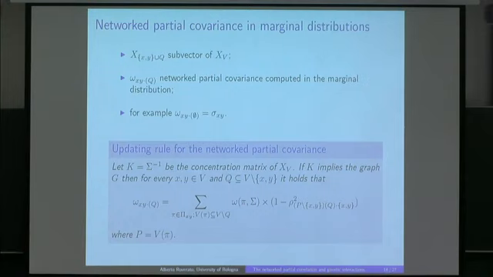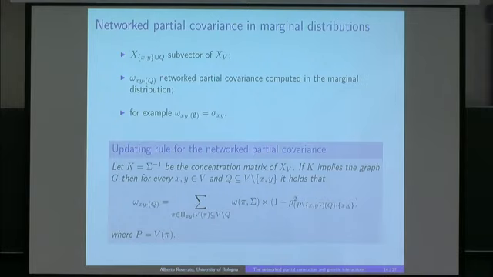So we have a quantity computed in the marginal distribution, and it is always useful to try to understand how this quantity can be interpreted with respect to the variables that we have marginalized over.